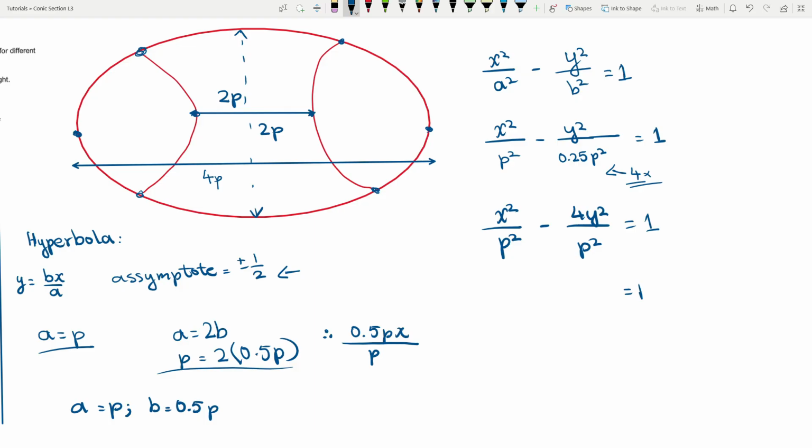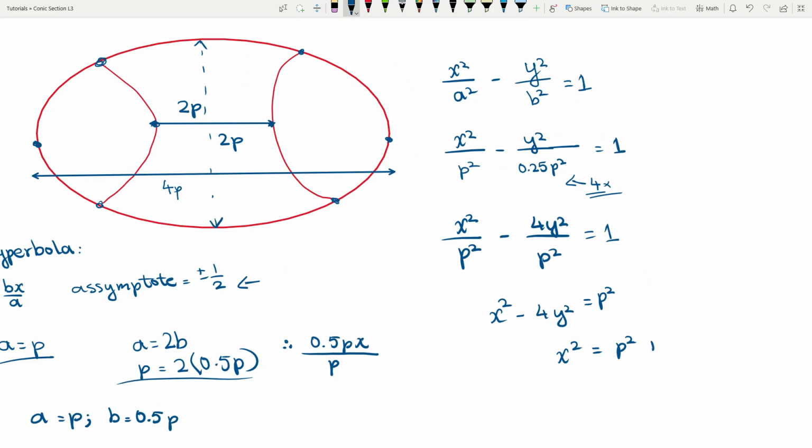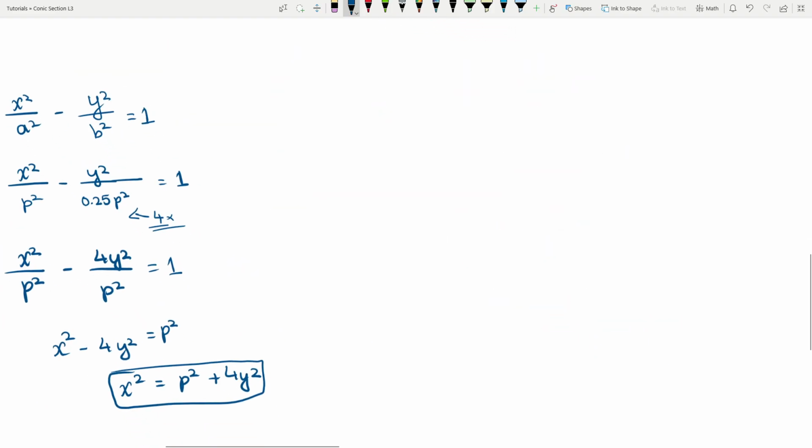Therefore, x squared minus 4y squared is p squared. And we can isolate the x. Sorry, I forgot the squared. Equal to 4p squared plus 4y squared. So let's go. Okay, so what was the equation of the ellipse?